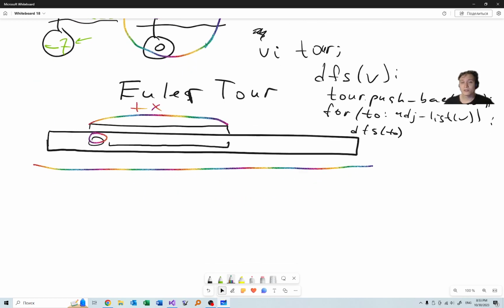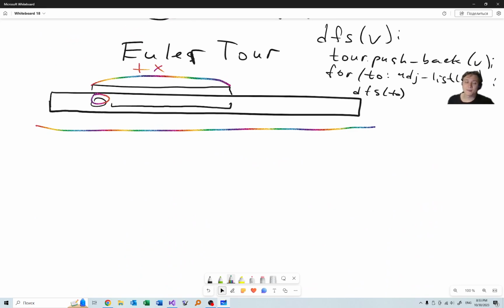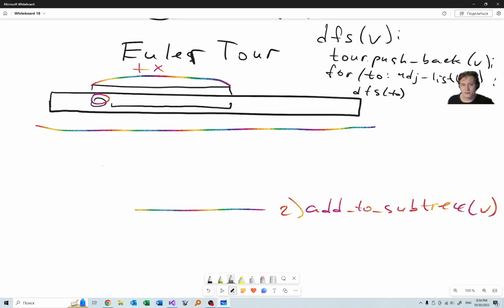So let's make an Euler tour, make a segment tree of it. Let's see what we have in our operations. The second operation is to add to the subtree of v. Instead of that, we take the segment from Lv to Rv, where L and R are the positions of the beginning and the ending of this segment.